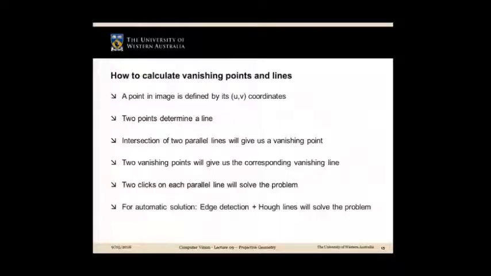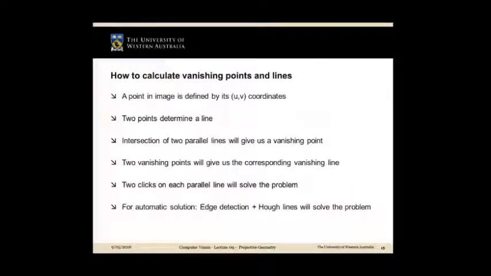So let's say you click on 2 different points on an image, right? And once you have those 2 points, you can always determine a line, because what do you need? You just need 2 points to get a line. You click on the image at 2 different points, you get a line, right? You do the same for another set of points, you get another line, right? And then 2 vanishing points will give us the corresponding vanishing line. So first of all, you get 4 points on 2 parallel lines.